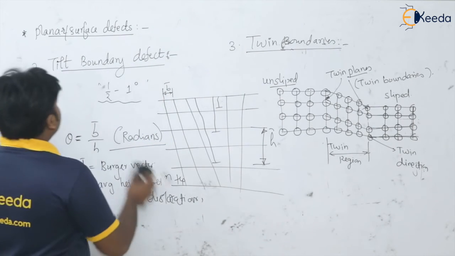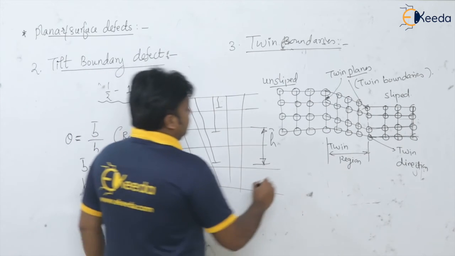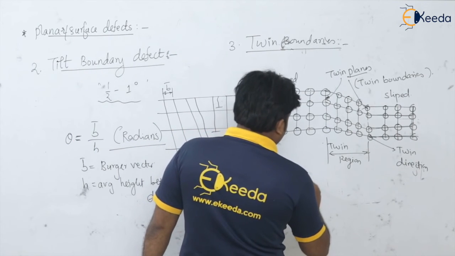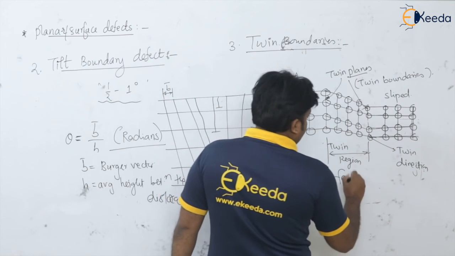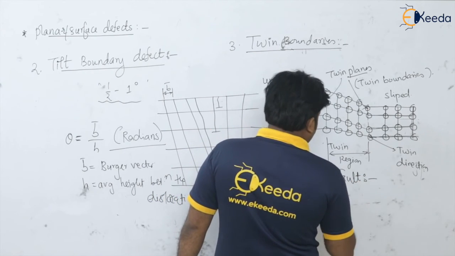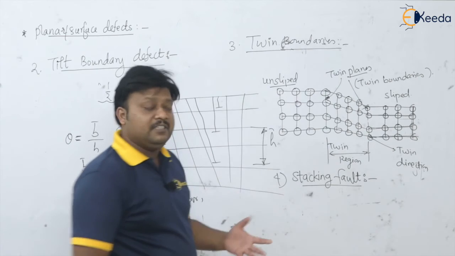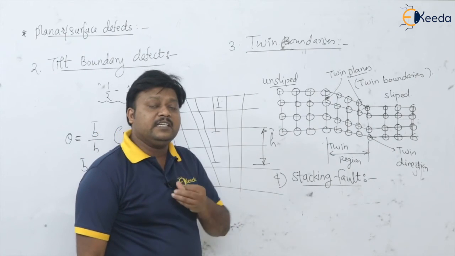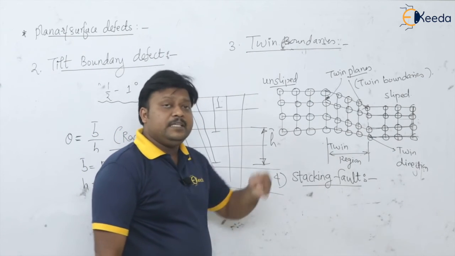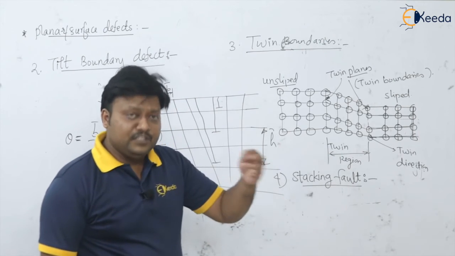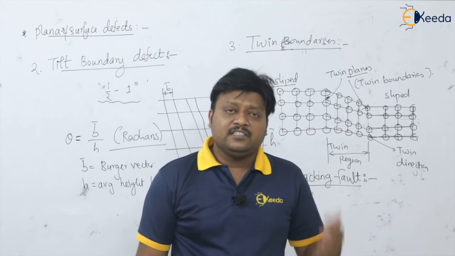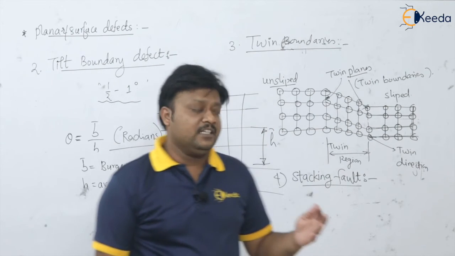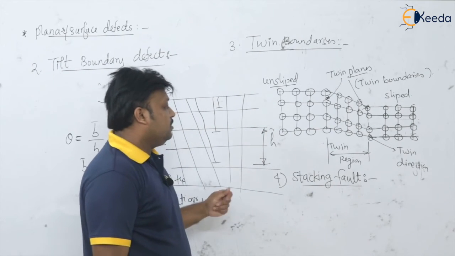And the fourth defect that we have is the stacking fault. We have seen stacking sequences like A, then AB, and ABC. Whenever there is a dissimilarity in the stacking sequence of the atomic arrangement, stacking faults come into the picture.